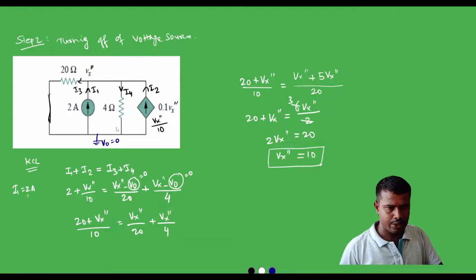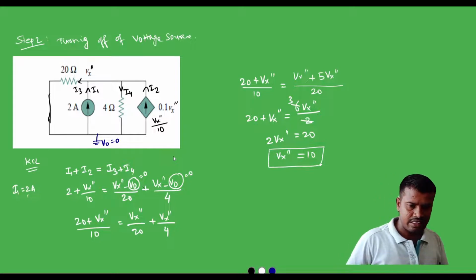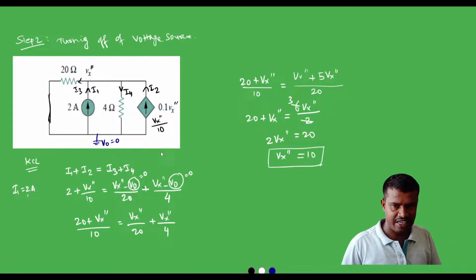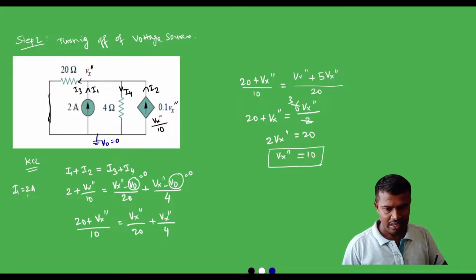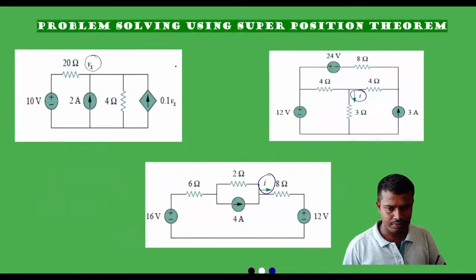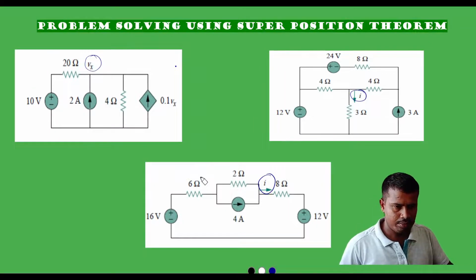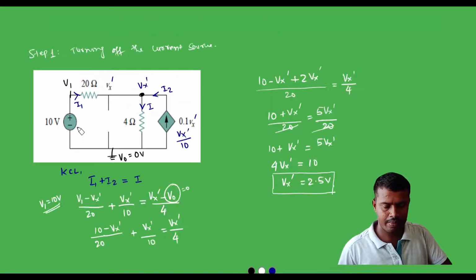Now we need to do the algebraic sum when the current source is active and when the voltage source is active. Now let us proceed with the first circuit.